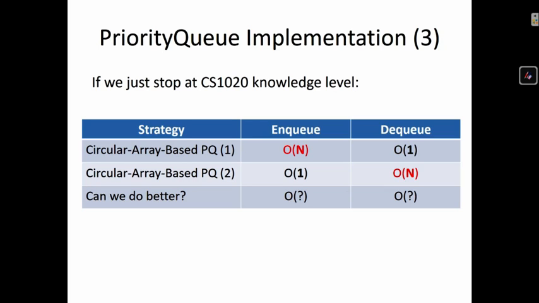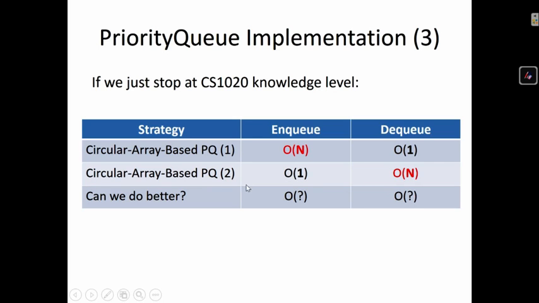Depends. I would argue that, just based on the knowledge you know, the second one is actually better than the first one, depending on the application. Why do I say that? If your application has lots of enqueues but very few dequeues, then the second one is better, because enqueue is just O(1) time and dequeue is O(n) time.